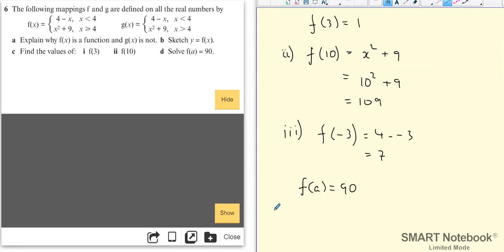The 2 solutions are, one was where 4 minus x equals 90, or I should, if your input is a, this should now change to a. And the other one was when you had a squared plus 9 equals 90.